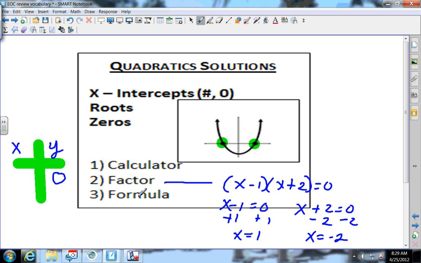And I did already talk about the quadratic equation: x equals negative b plus or minus the square root of b squared minus 4ac, all over 2a. But remember that you don't have to have the quadratic formula memorized because that is on your formula chart. Okay, so we should have all that written down.